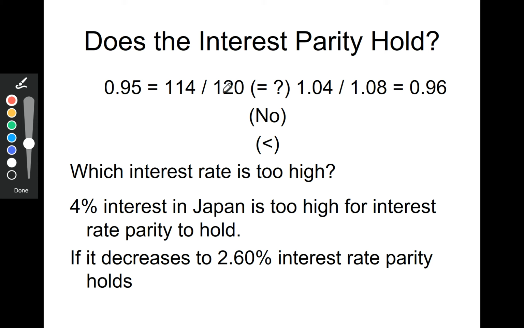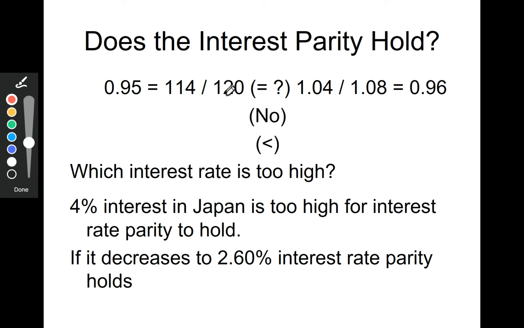But here the left hand side could also change. We mean this 0.95 can go up to higher, to 0.96. For it to go higher, 114 should go higher. So put an x here, divide by 120 and say it's equal 0.96 and calculate that higher value.